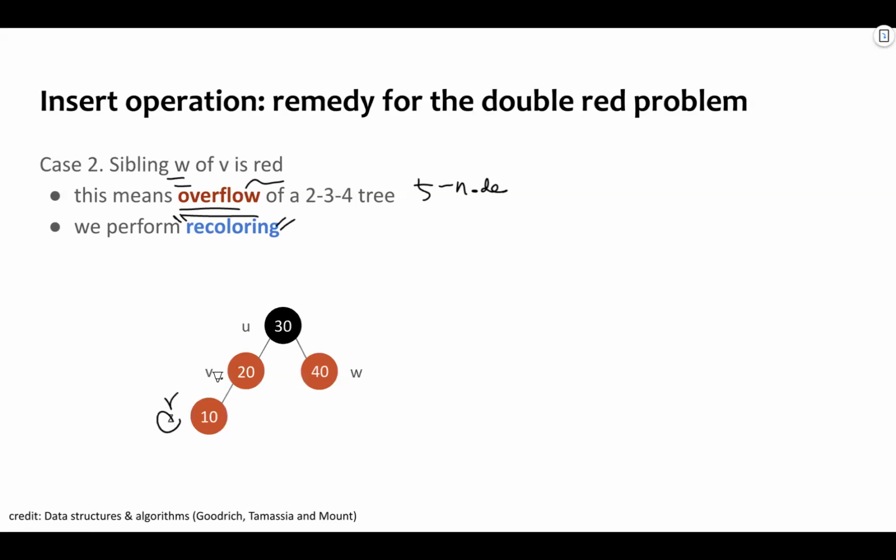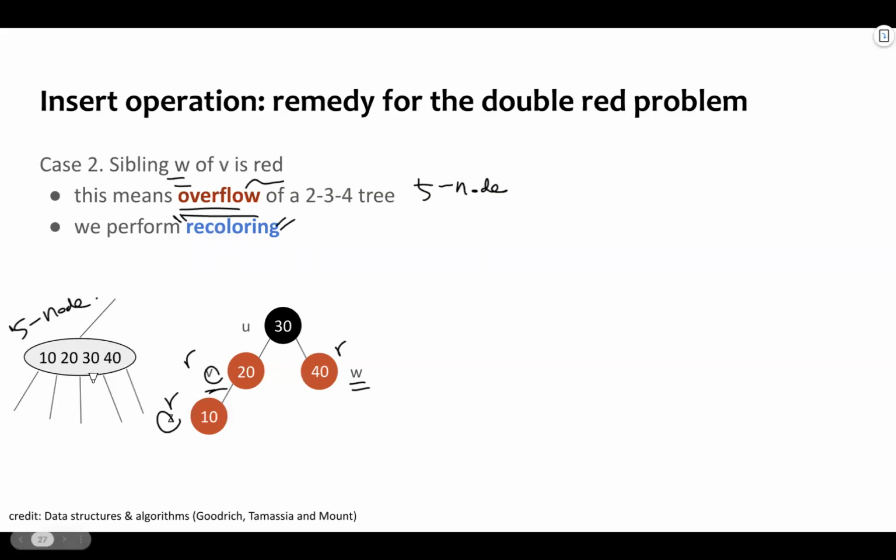U was black, V was red, and the sibling of V is also red. And this corresponds to this case, a 5-node. And when this happened, what we did was, before inserting 10, we split this node. So 30 goes up and 20 and 40 stay here.